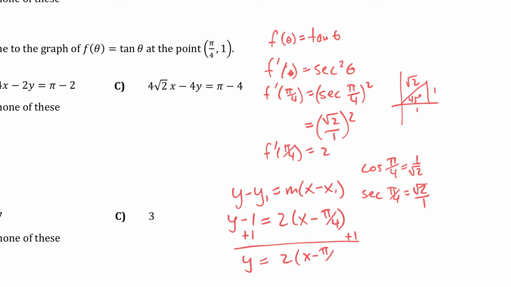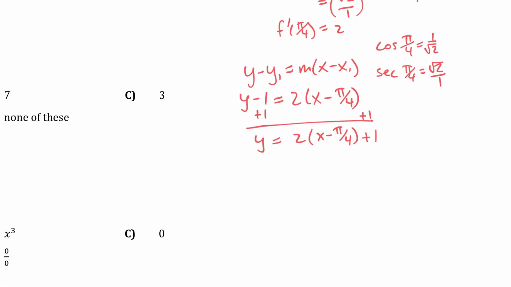And we got a little bit more to go here. So that means we would have y is equal to 2x minus pi over 2 plus 1. Now, to get rid of the half, we can multiply everything by 2. What we get is 2y is equal to 4x minus pi plus 2.